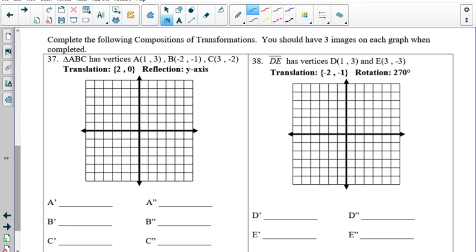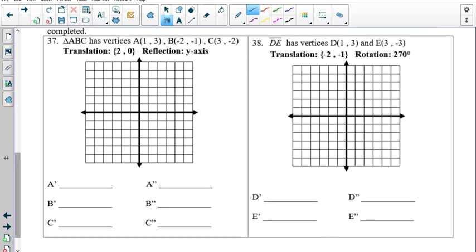ABC has vertices 1, 3, -2, -1, and 3, -2. So A, B, C. Okay? Now it's going to translate 2, 0. So that's going to be 2 to the right and not up or down.